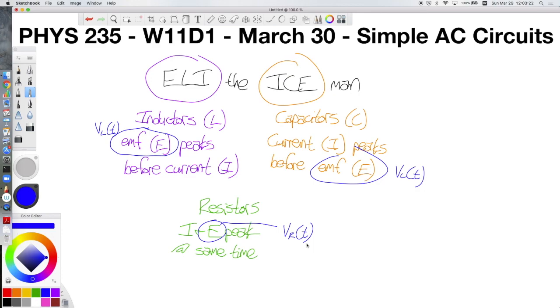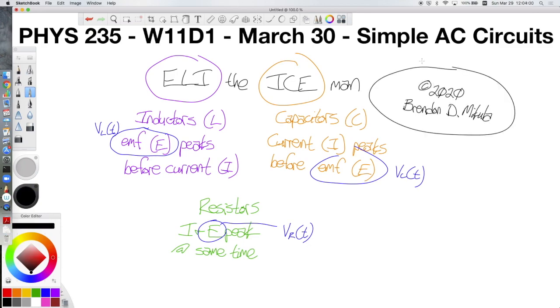But failing anything else, you should be able to at least describe the three of these circuits on phasor diagrams or on graphs of the quantities versus time, as well as telling me qualitative things like which values peak first, and being able to calculate things like currents and voltages at any given time, and the capacitive and inductive reactances. That's it for today.